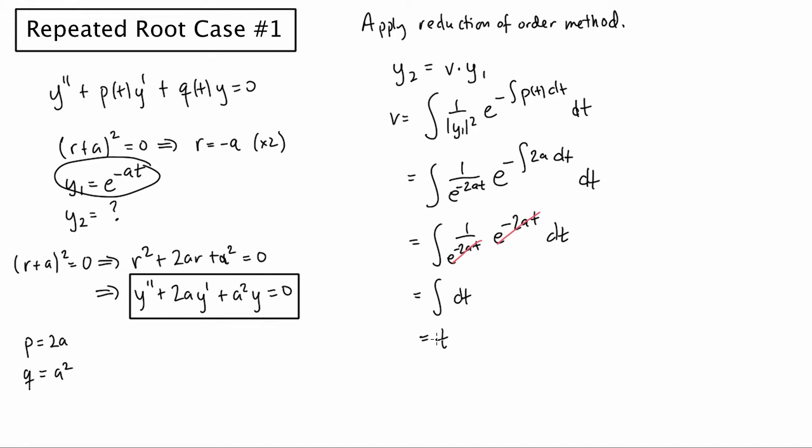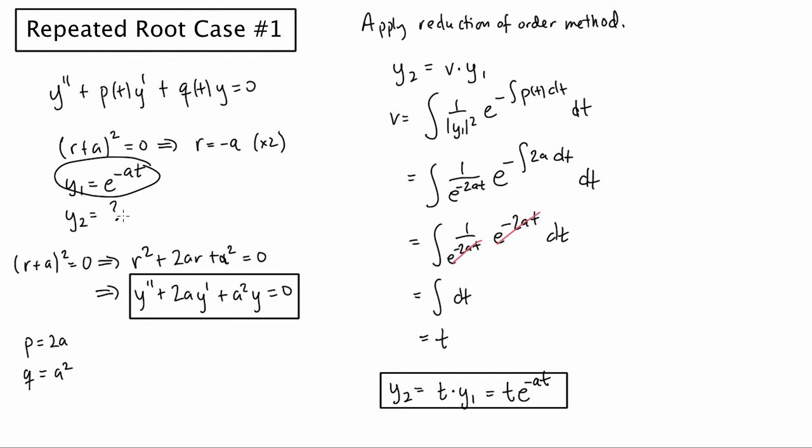So according to the reduction of order method, the v that we need is the function t, which means our second solution should be t times y1, or t e to the negative at. So there's my second fundamental solution.